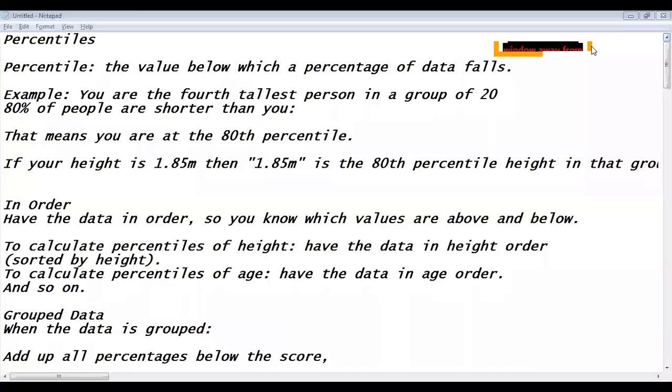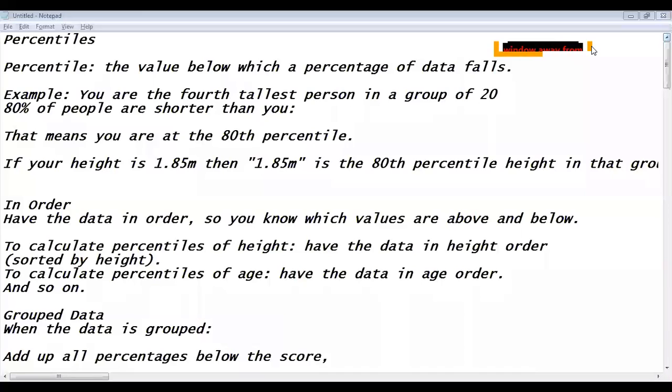This is the definition of percentile: below which a percentage of data falls. So if you are the fourth tallest guy in a group of 20, then you are at the 80th percentile. For example, if your height is 1.85 meters, then 1.85 is the 80th percentile height in that group.